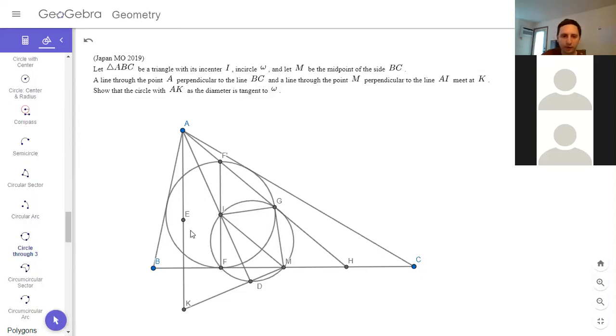Now I want to see if I can prove that EI and G are collinear. So E is the midpoint of AK and I is the midpoint of F prime F, right? We know angle F prime GF is 90 degrees.